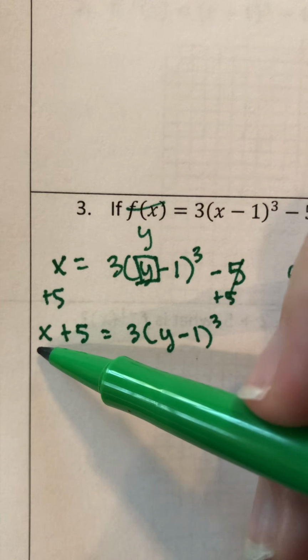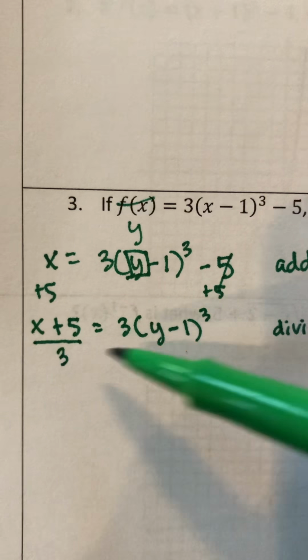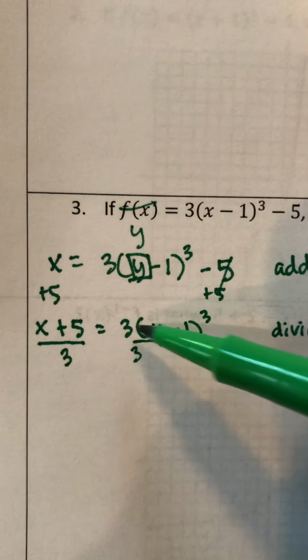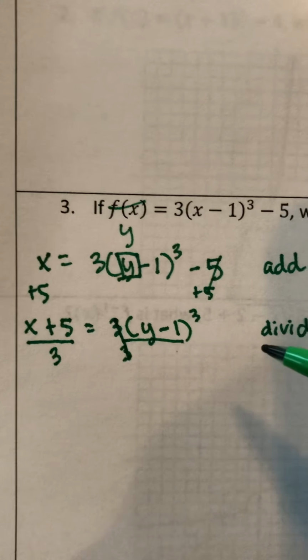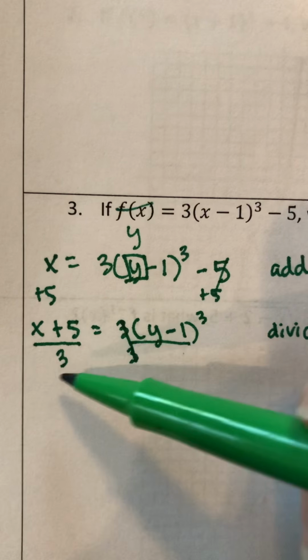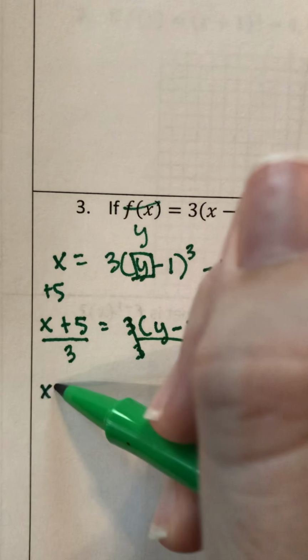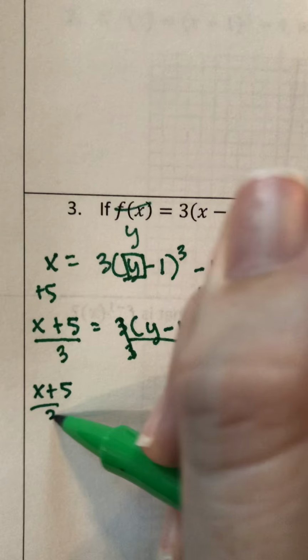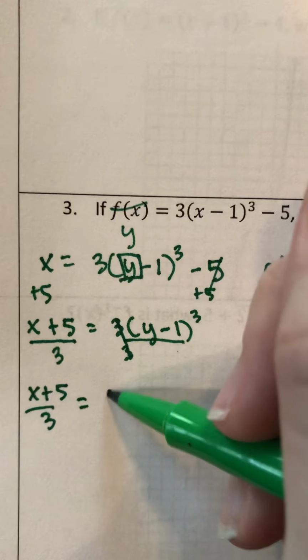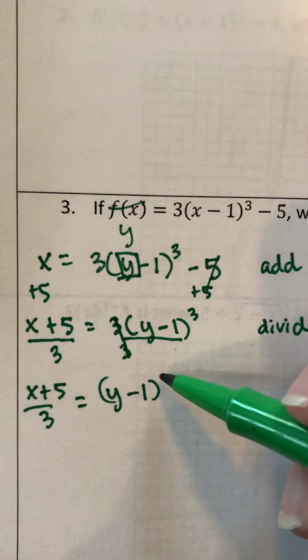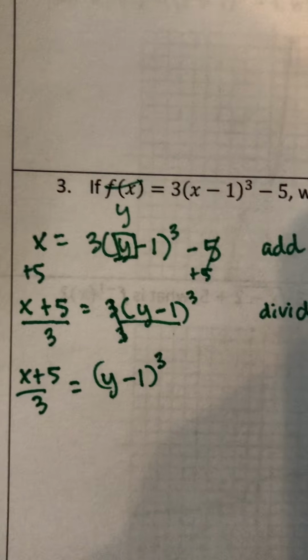So I'm going to divide this entire side by 3 over here as well. Those 3s are going to cancel out. Over here, there's nothing that we can actually divide by 3, so you're going to leave it like this. So we'll have (x plus 5) divided by 3 equals (y minus 1) to the power of 3.